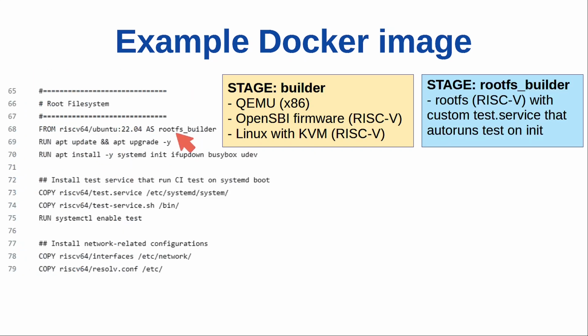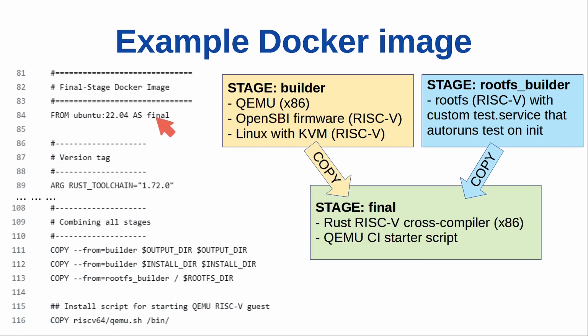In the next stage, which is the rootfs builder, we will build a RISC-V rootfs for use in the QEMU guest later on. And in this rootfs, we have a custom test service which will run the test on init. Lastly, we have the final stage where we copy the binary output from the builder stage and also the rootfs builder stage.